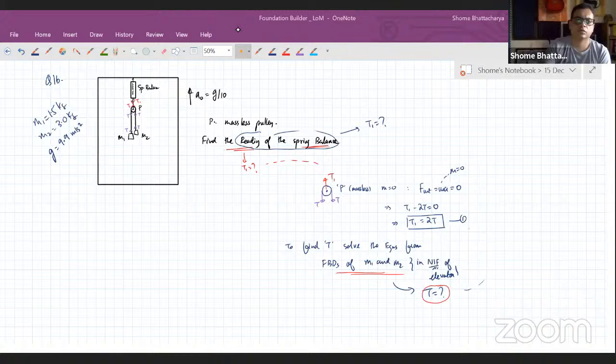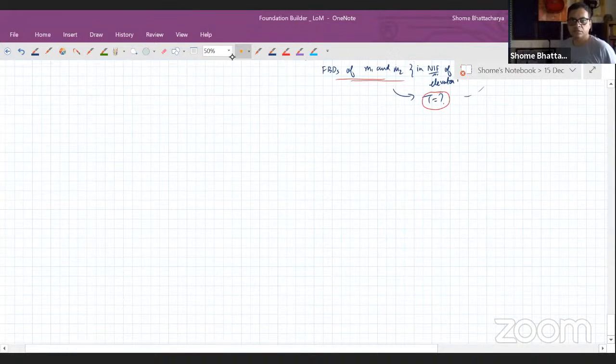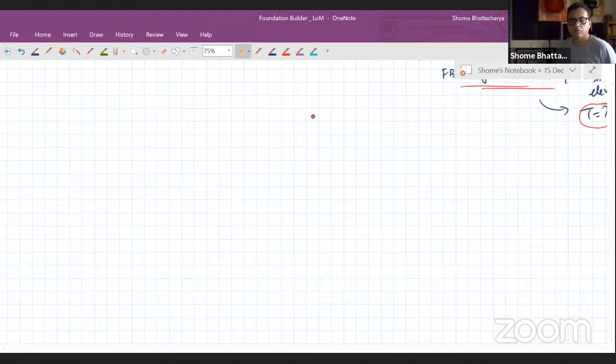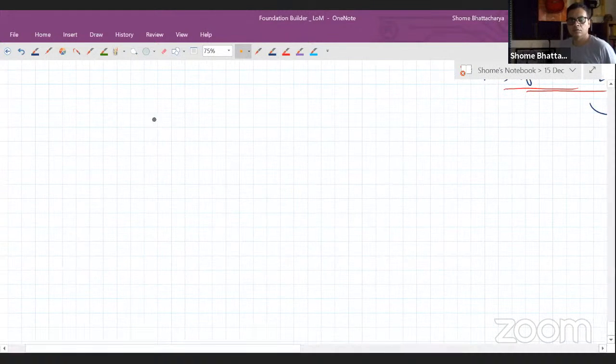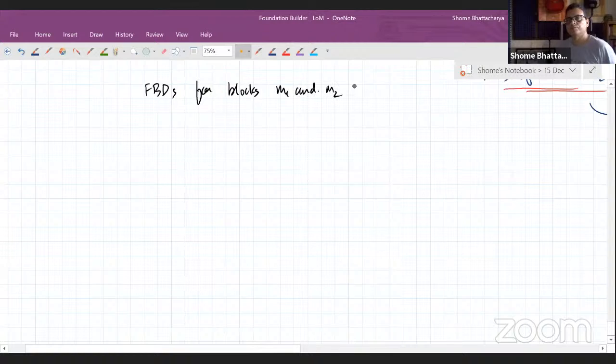Okay, so let's understand the two free body diagrams. Kunj, if you've done it, just verify the free body diagrams. So, free body diagrams for the blocks M1 and M2 in the elevator's frame.